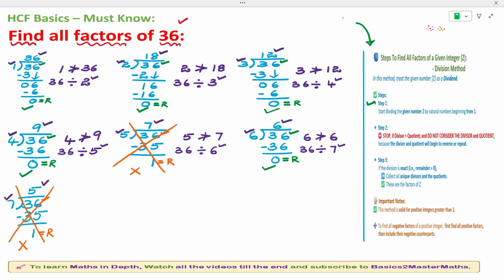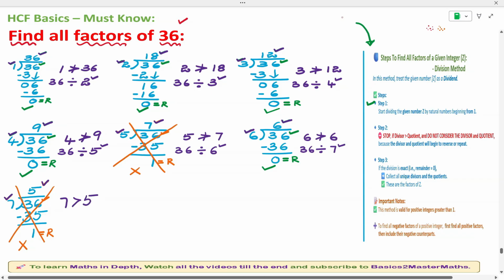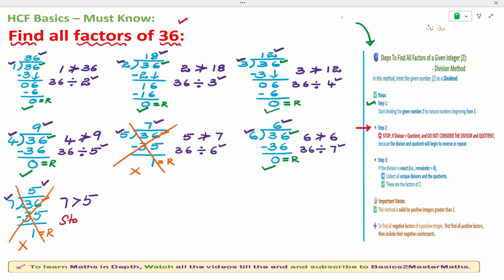In this case, the divisor 7 is greater than the quotient 5. So, as per the rule, please stop here and do not consider this step.